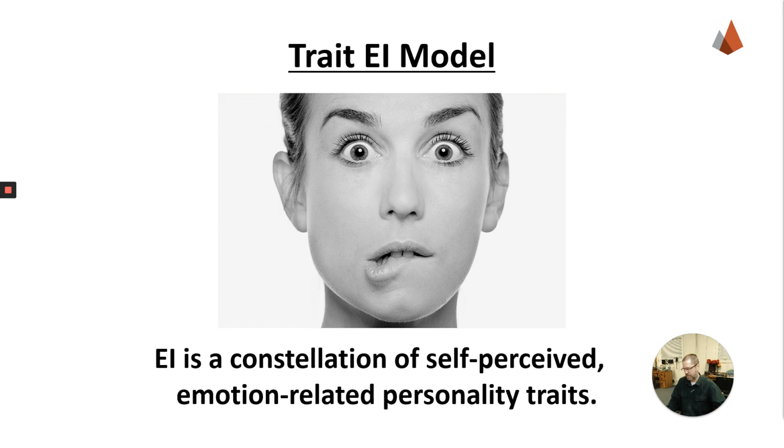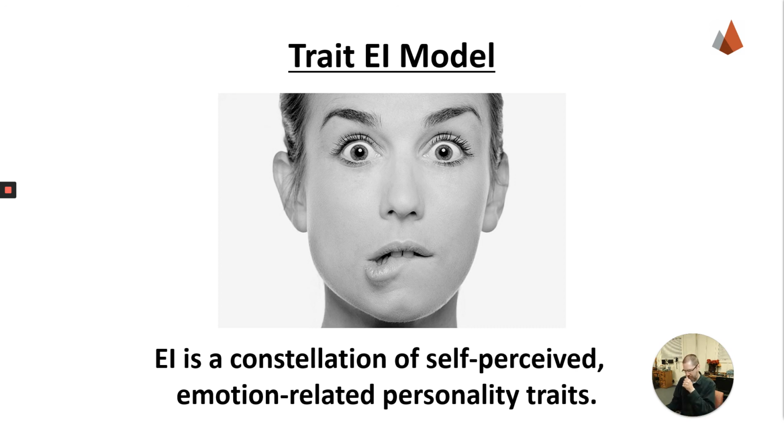Then the trait emotional intelligence model. So this is a constellation. It says here, constellation of self-perceived emotion-related personality traits. But notice, this is self-perceived. Nobody's applying a particular standard or measuring rubric here.